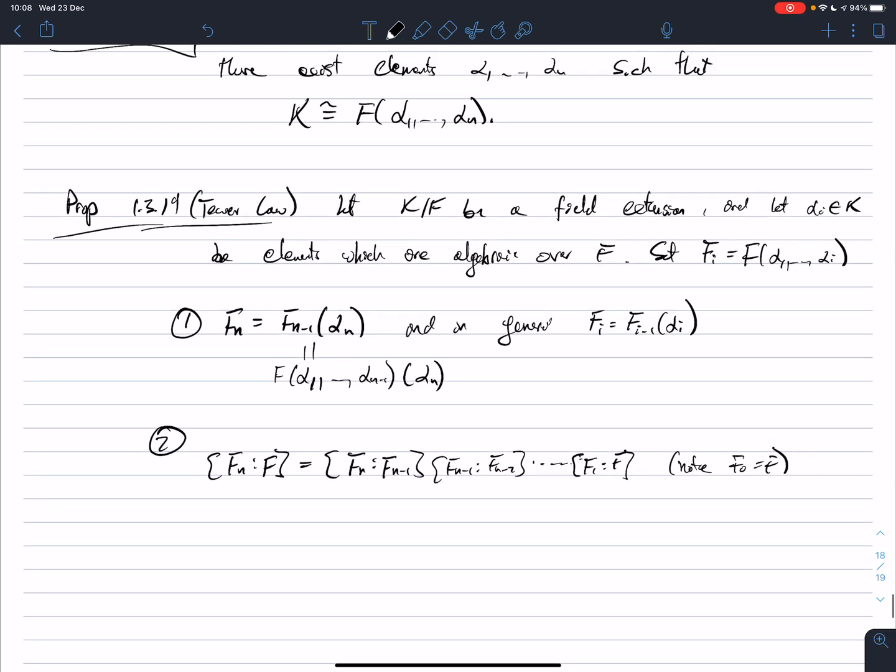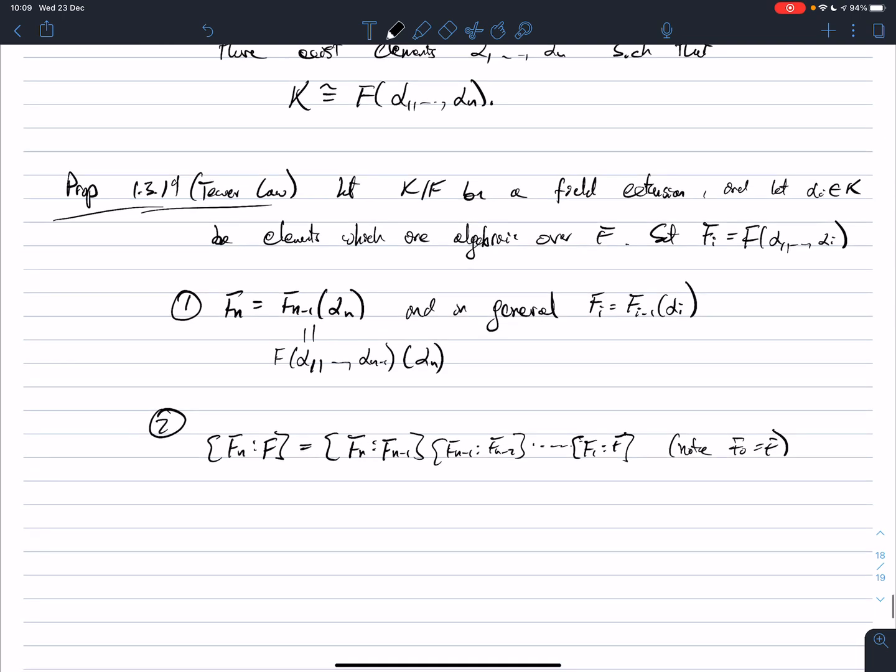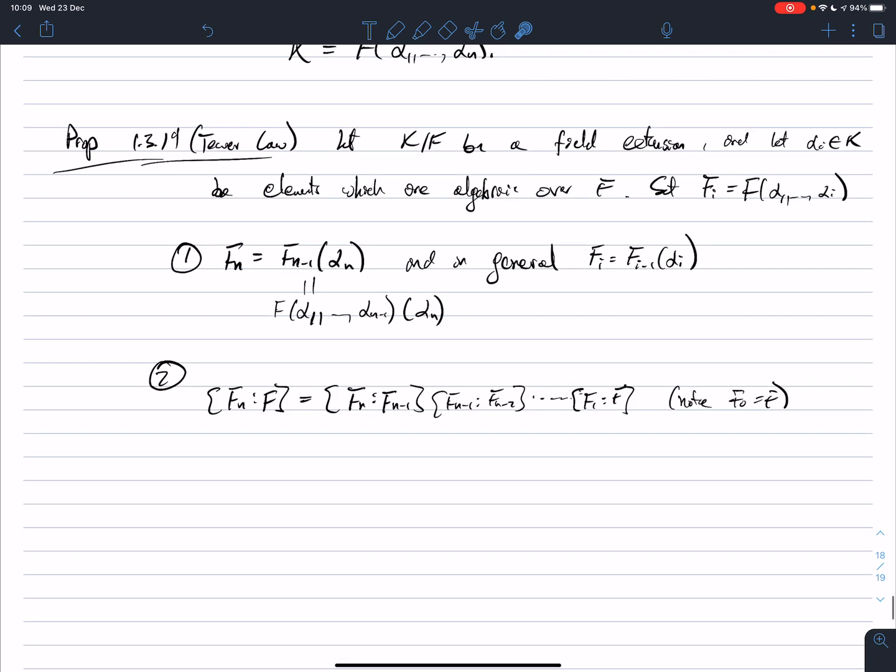Okay, so this is the Tower law. I'm not going to prove it, but we'll use it a lot. It's quite convenient for figuring out degrees of fields. A lot of the time you might not know what the degree of your field is, but it'll be pretty obvious to figure out some of these intermediate degrees, and then you just multiply them together.